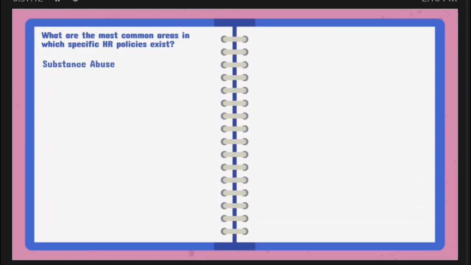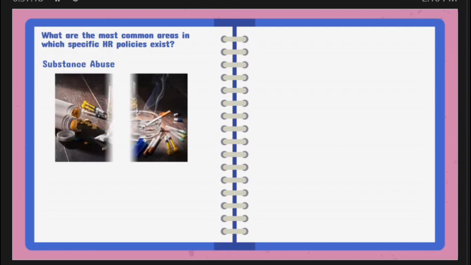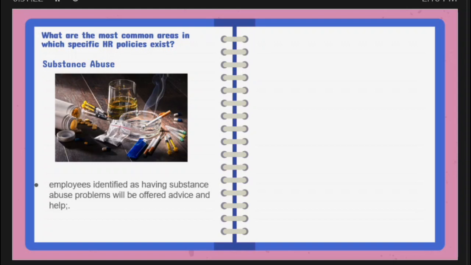Another HR policy is substance abuse. A substance abuse policy could include assurance that employees identified as having a substance abuse problem will be offered advice and help. Any reasonable absence from work necessary to receive treatment will be granted.